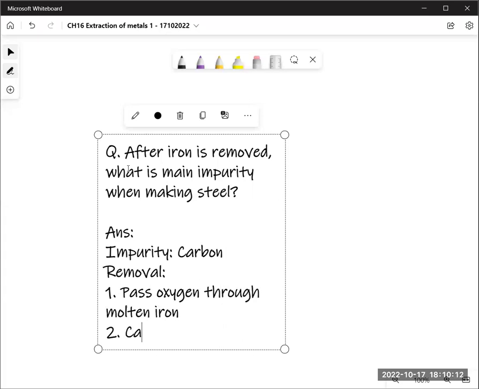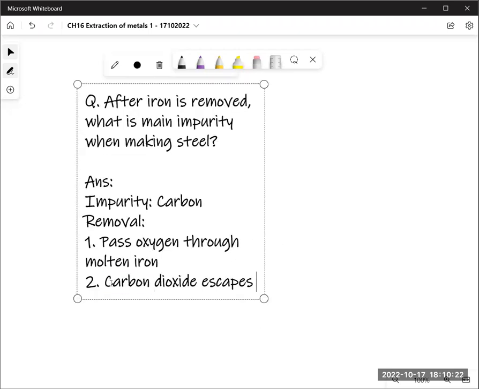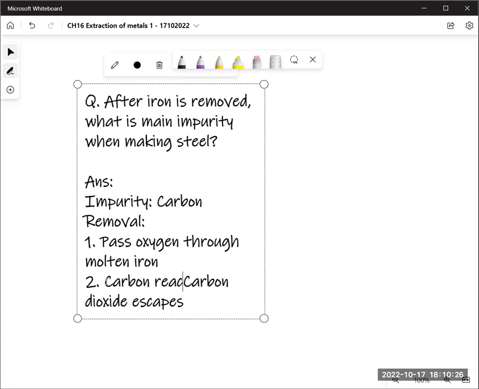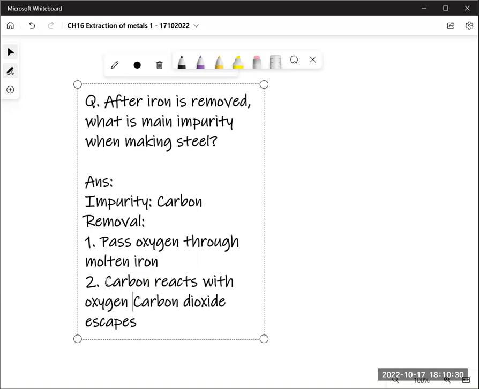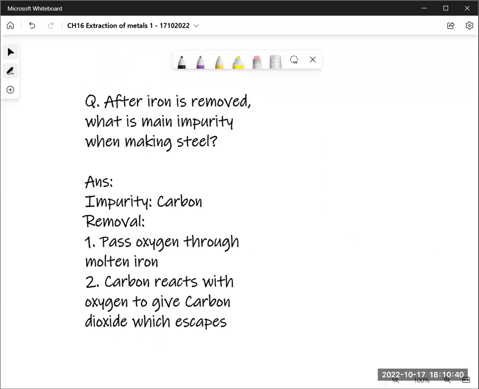Carbon reacts with oxygen and carbon dioxide escapes. Let's say to give carbon dioxide which escapes. Now finish writing, tell me when you're done.